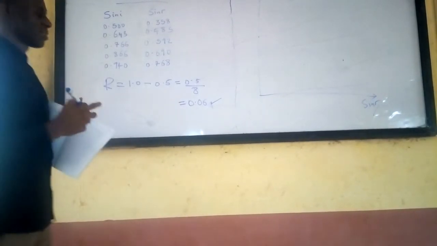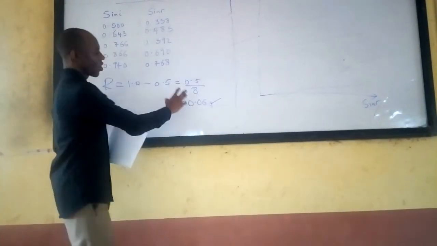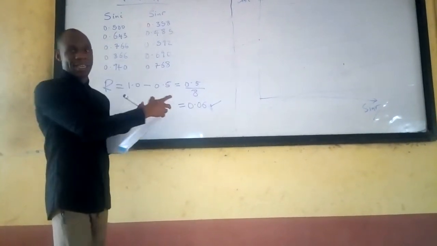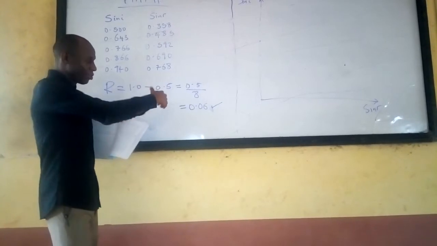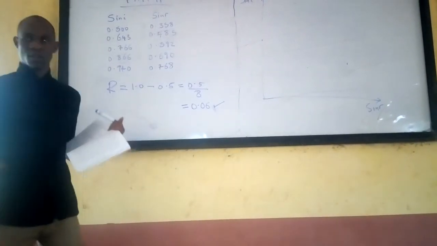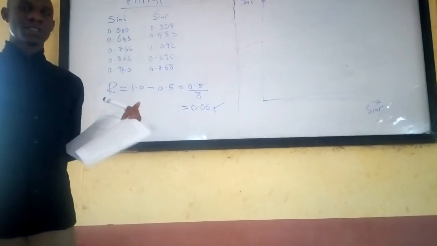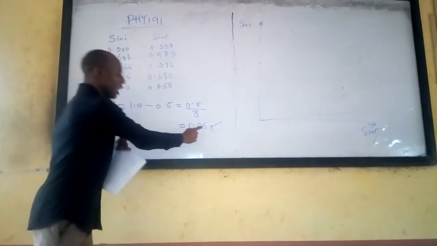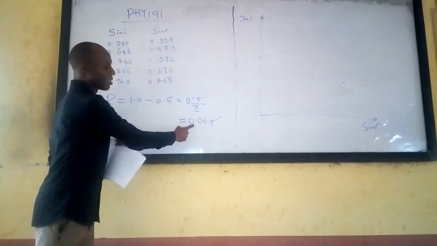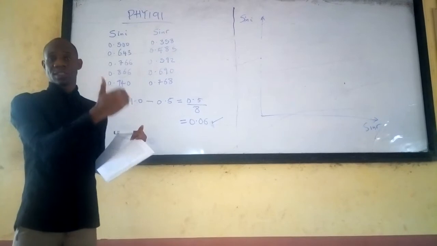Now, the thing is, this concept tells you that you can choose, even if you don't like to use this scale, this is already a guide telling you that any number around 0.06 will work for your scale. Do you understand? Now, me personally, I would not like to use 0.06. The reason being that it is difficult to add up 0.06.